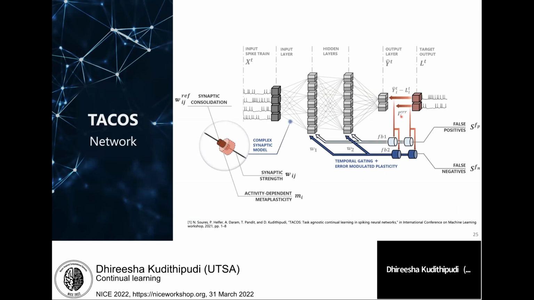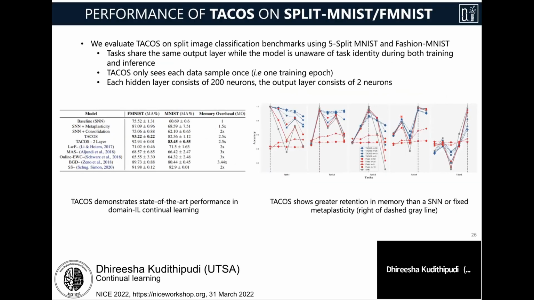We have evaluated this on SPLIT-MNIST and FMNIST tasks. Our network, TACOS, demonstrates much higher accuracy than some of the other state-of-the-art models, and it's consistent across both datasets. The overhead is slightly higher than some of the other models with just metaplasticity or consolidation, but it is still lower than some of the state-of-the-art models.